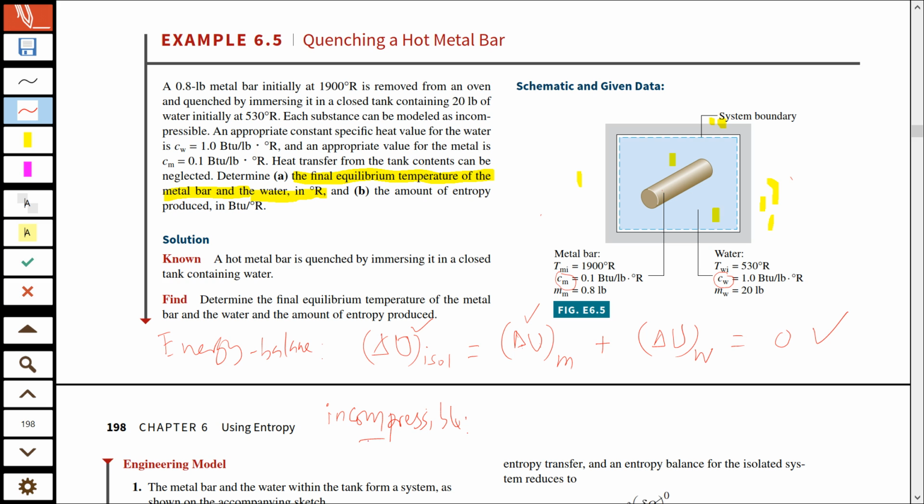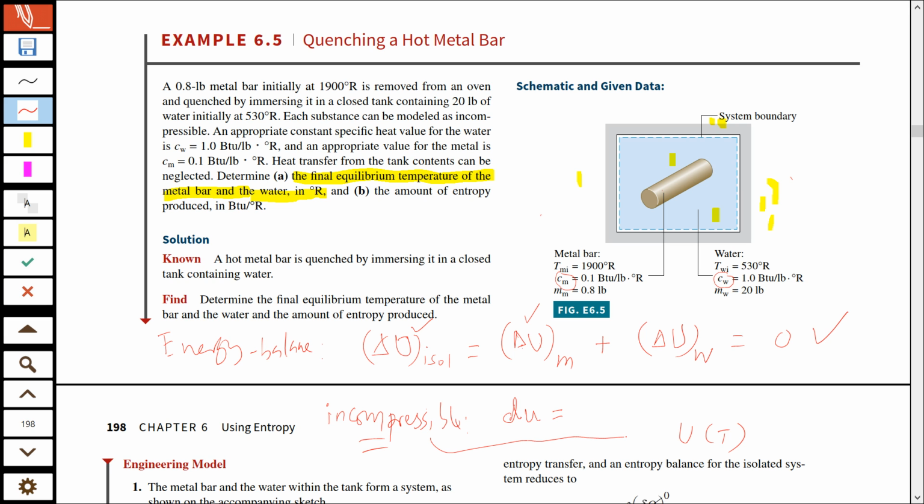Because you assume both the metal and water to be incompressible, the differential change in the specific internal energy must be equal to, of course, U must be a function of temperature only.